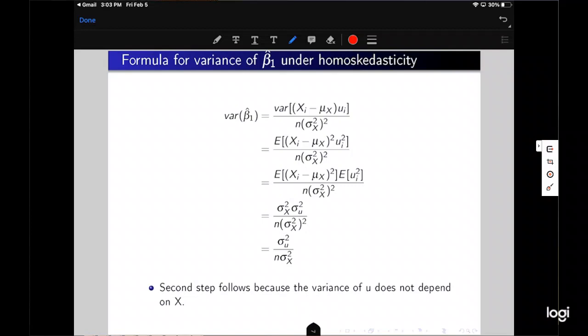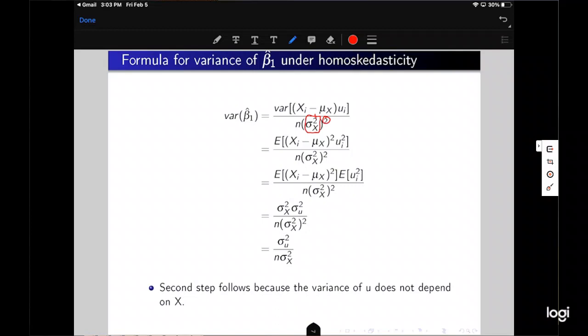The formula for the variance of beta hat 1 under homoskedasticity is given by the following. The variance of beta hat 1 is equal to the variance of x times u over n times sigma squared x. This bit right here is just the variance of x, and we're going to square it and multiply by n.